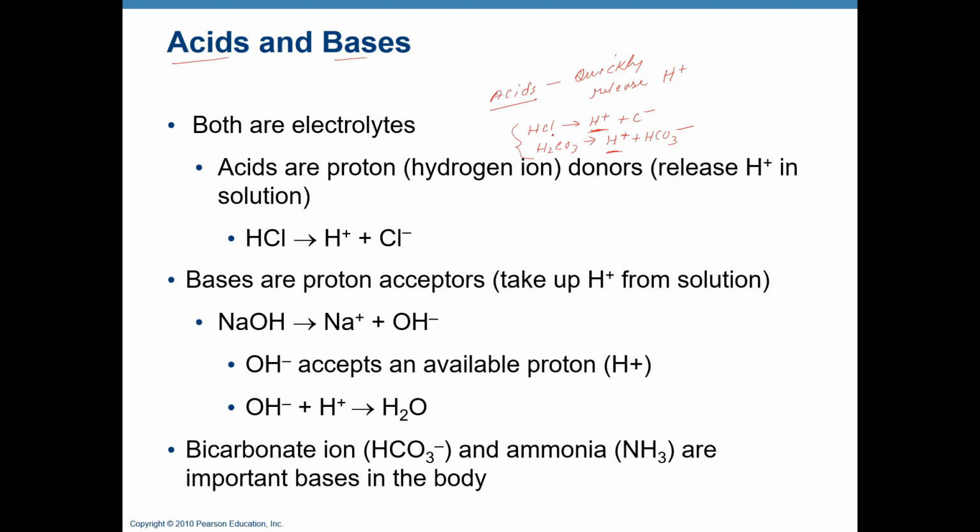If this one can give more hydrogen than this one, then this will be the stronger acid, and this will be the weaker acid. So whichever can give more in a single unit of time is the stronger acid. Bases do what?